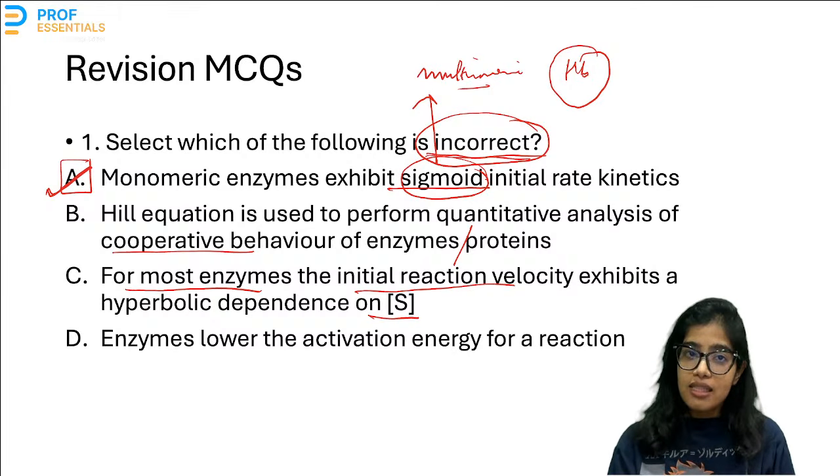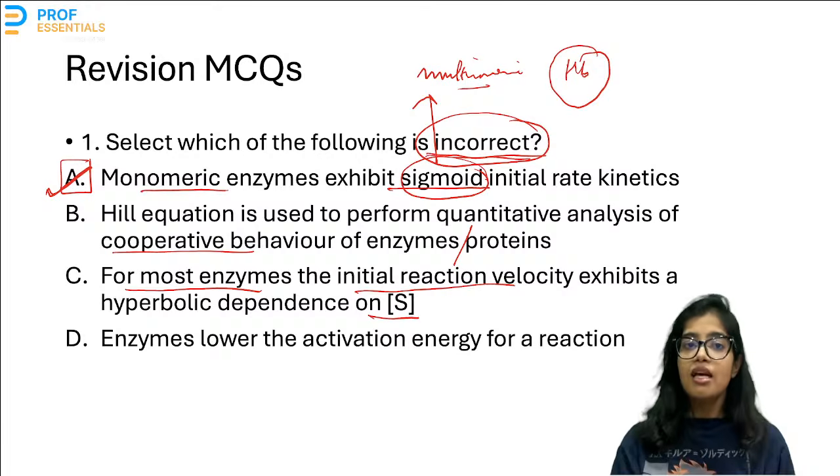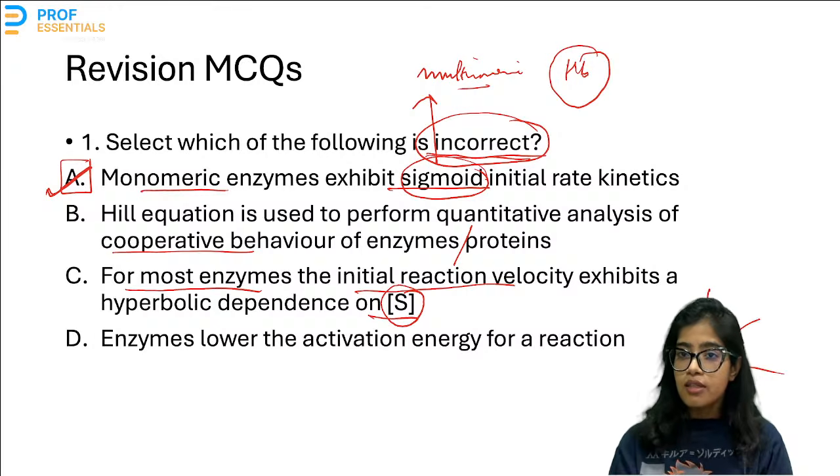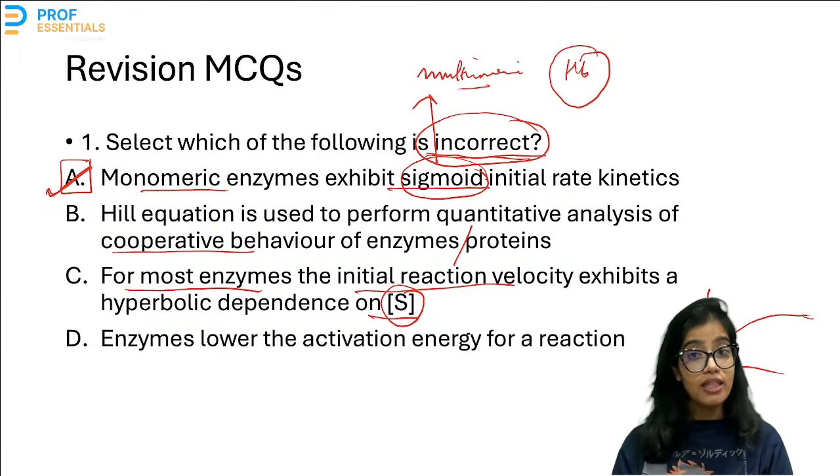For monomeric enzymes and proteins like myoglobin, the reaction velocity is initially directly proportional to the substrate concentration. So it is like this, right? Until all the enzyme active sites are saturated, and then it reaches this plateau. So the initial velocity exhibits a hyperbolic dependence, which is totally correct.